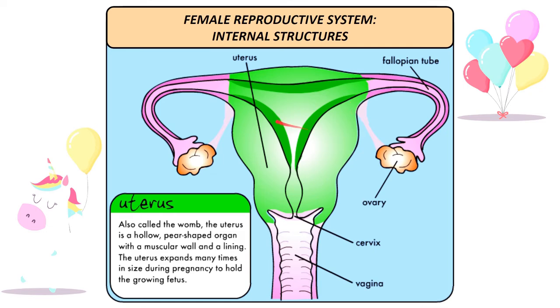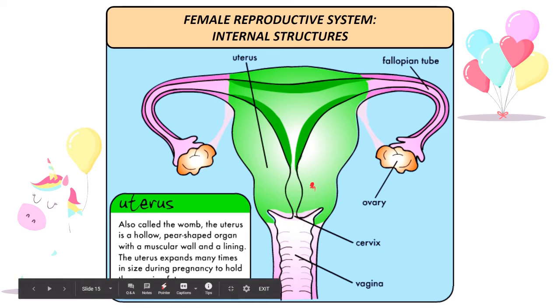Now, if there's no pregnancy, the uterus is also the site of endometrial lining formation. This is where the blood that comes out during menstruation is formed. When you have your menstruation, the blood came from your uterus.